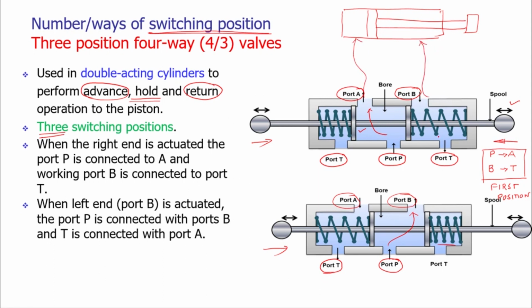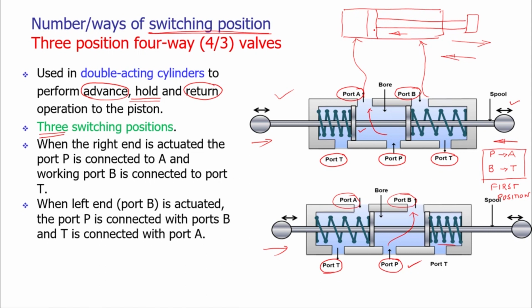Now for the first position, when the pressurized fluid is pumped through port A, there would be extension, and for the next position B, there would be retraction. The B is connected over here to the power port, so the pressurized fluid is applied and it is moving in the direction from right to left, that is the retraction or the contraction of the cylinder.